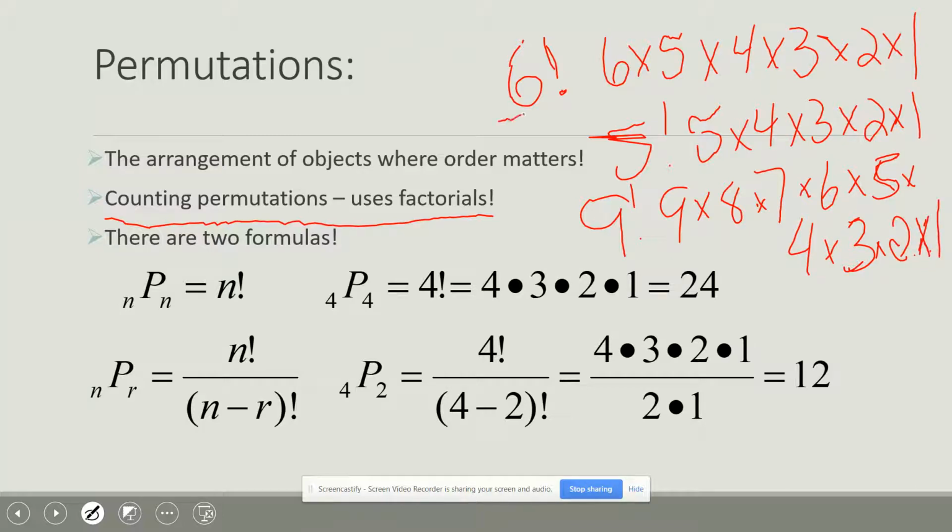So basically, whatever number is next to your factorial or your exclamation point, you start at that value and then multiply by every single number all the way down to 1.